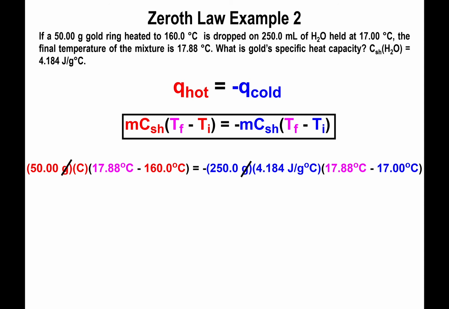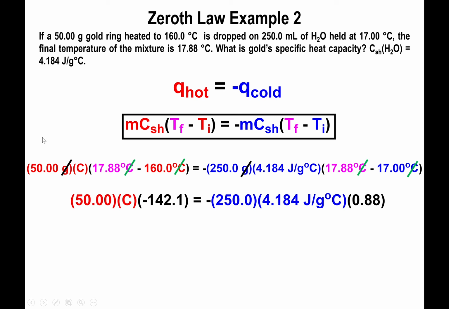As I said before, the grams will cancel out on both sides, and your degrees Celsius will cancel out. So all you'll end up with is joules per gram degree Celsius, which is the units for heat capacity. Now I'm going to carry out the subtractions, and multiply the change in temperature by the mass, at least on the left side of the equation. The change in temperature for the left side is negative 142.1. The change in temperature for the right side is 0.88.